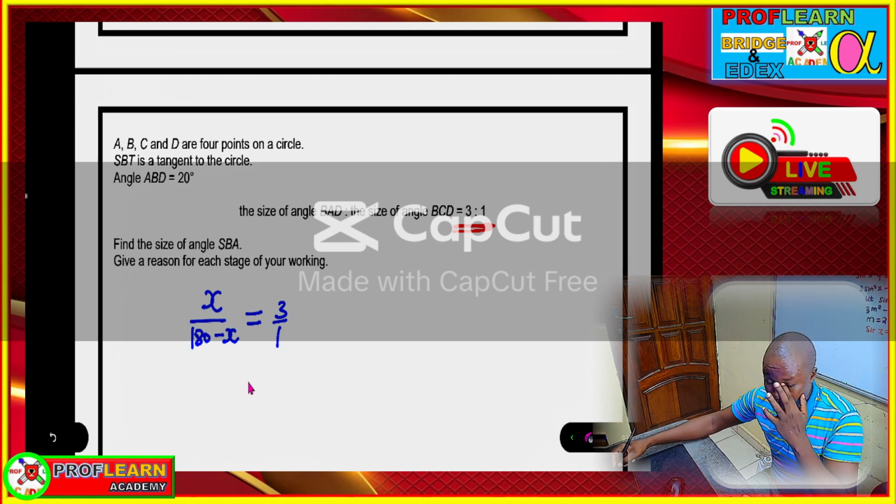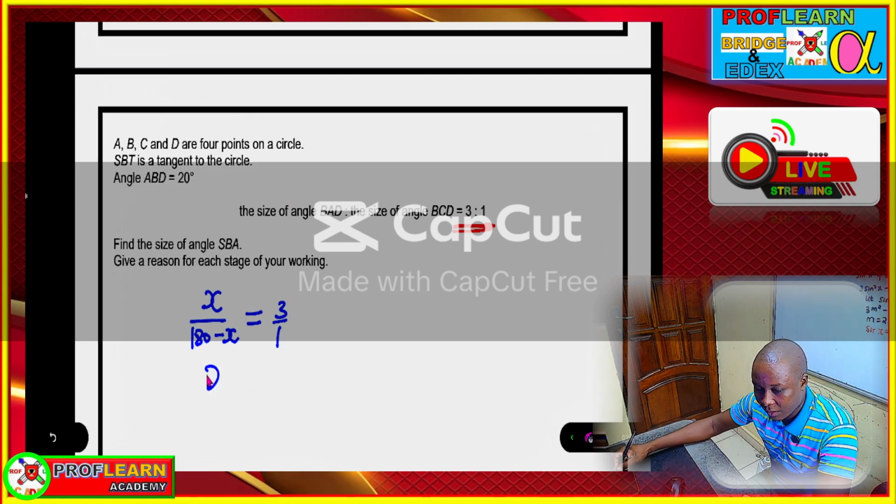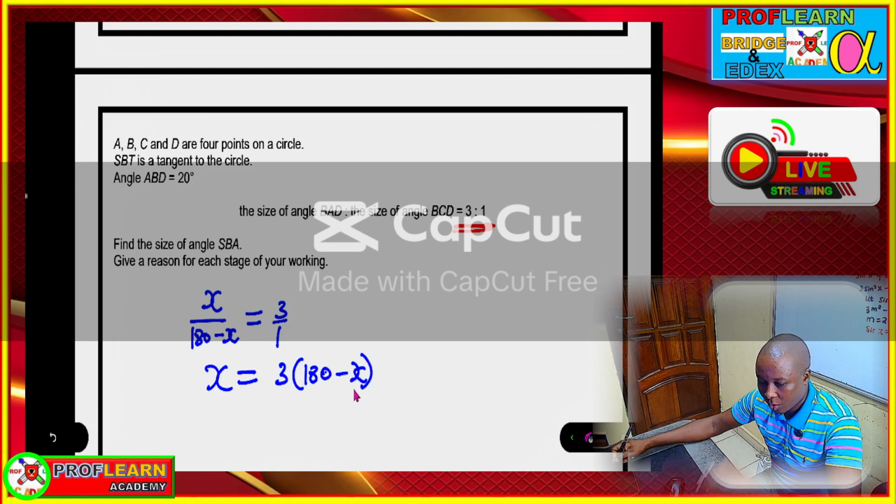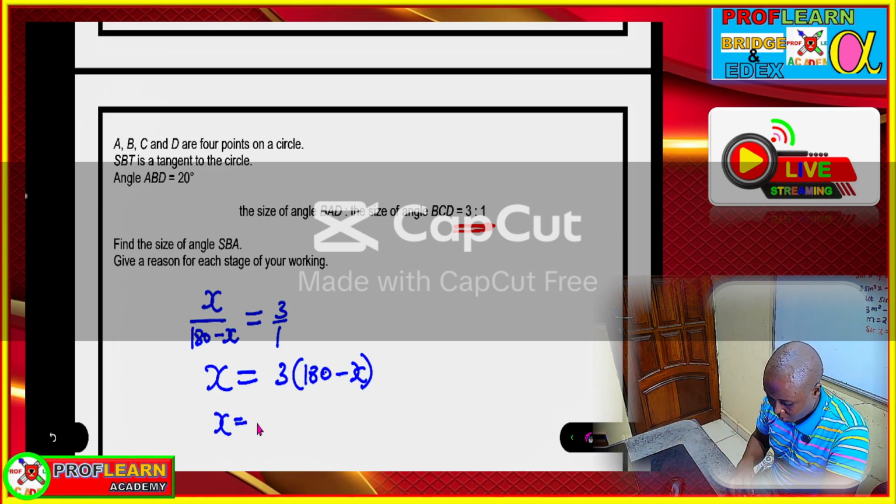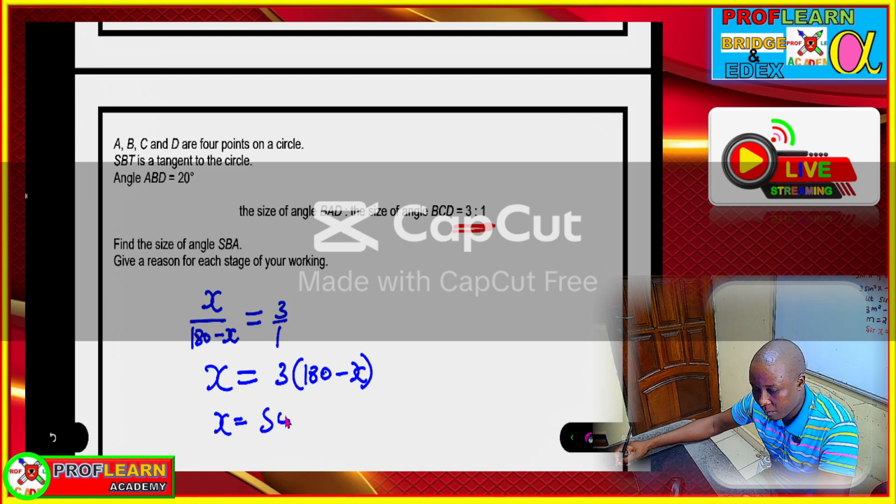So then we can cross multiply. We shall have x is equal to 3 times 180 minus x. If we open the brackets, we shall have x is equal to 180 times 3, that gives us 540, minus 3x.